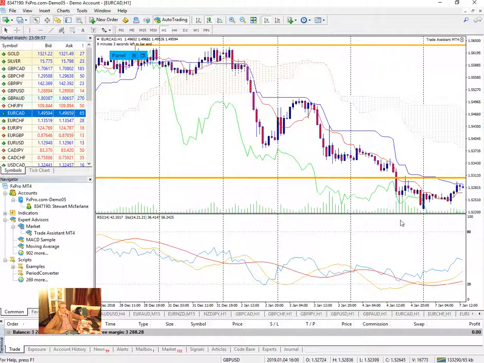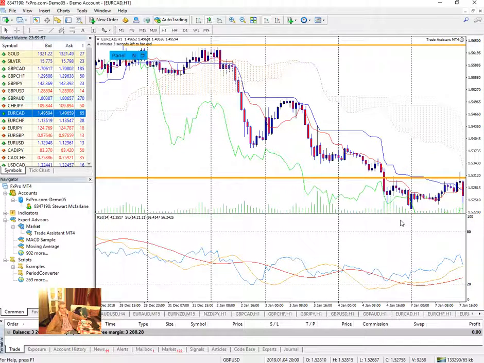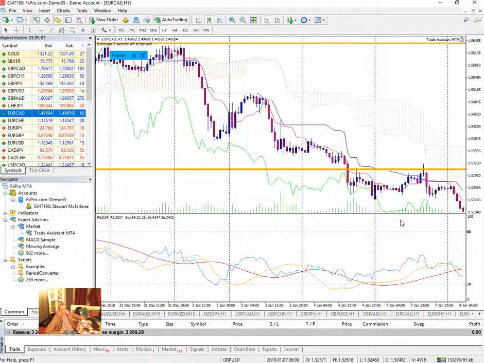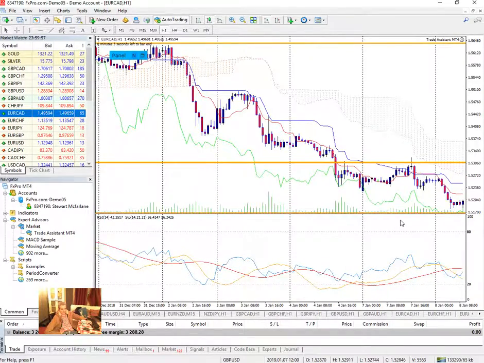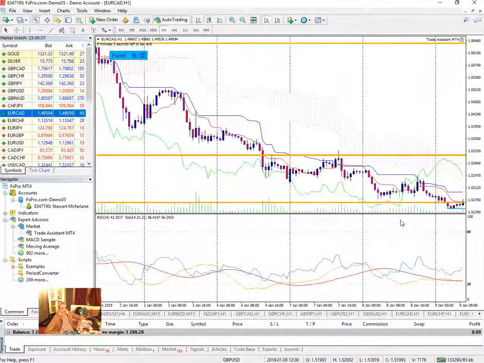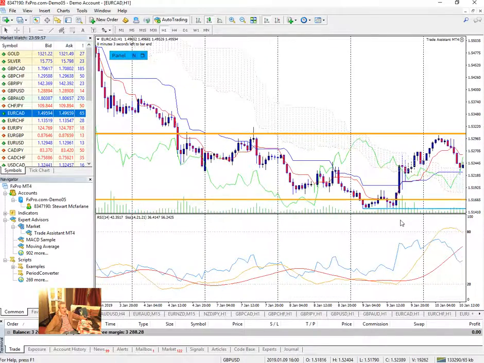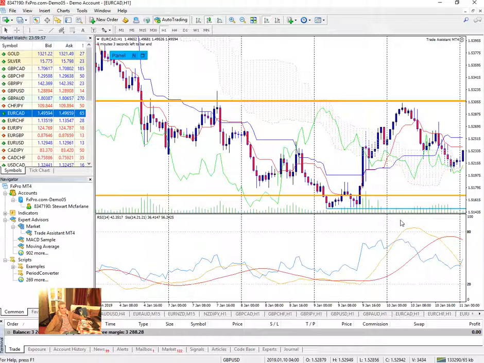We'll see what happens, although that's losing the momentum a little bit. Yeah, and you're pulling out break-evens on that. Wouldn't touch that at the moment.